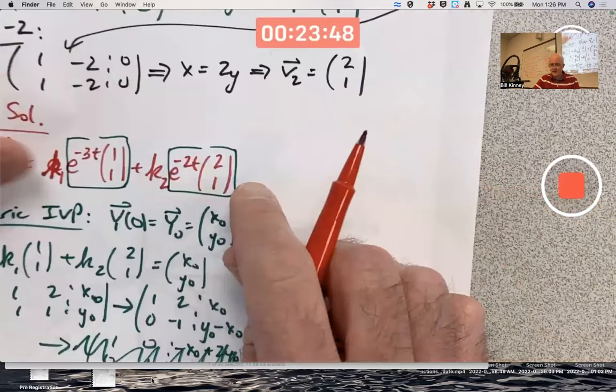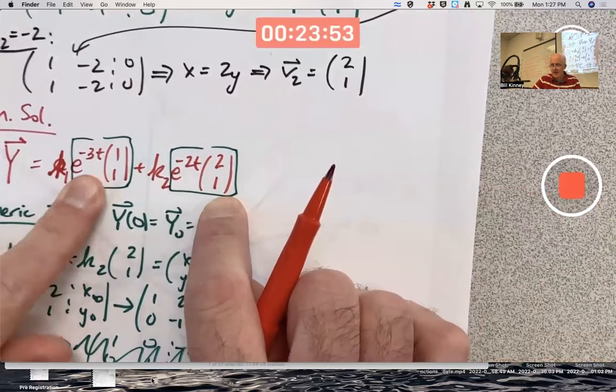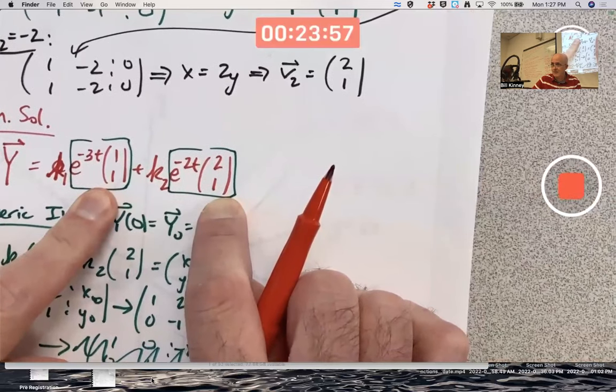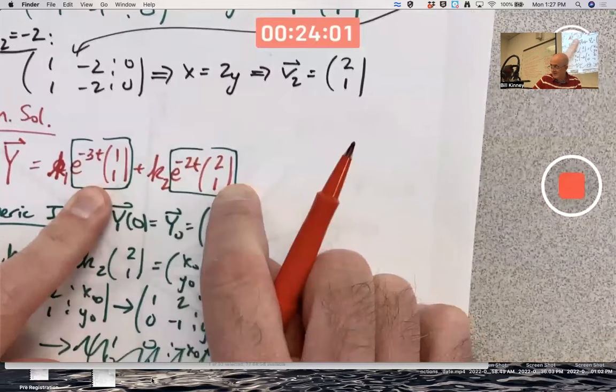You look at these two functions here, which decays to 0 faster as t goes to infinity? That one does, with the eigenvalue further away from 0. So the decay to 0 is faster in this term than it is in this one.